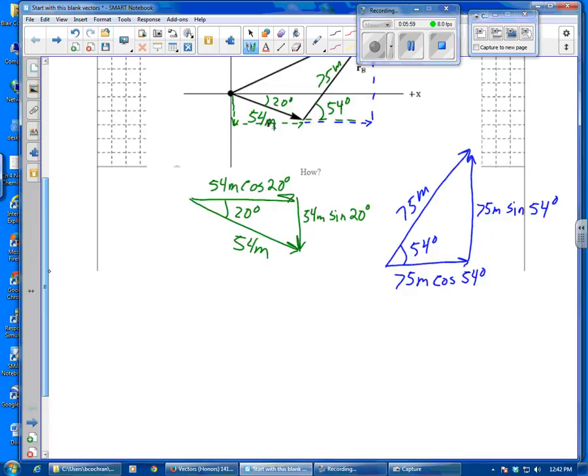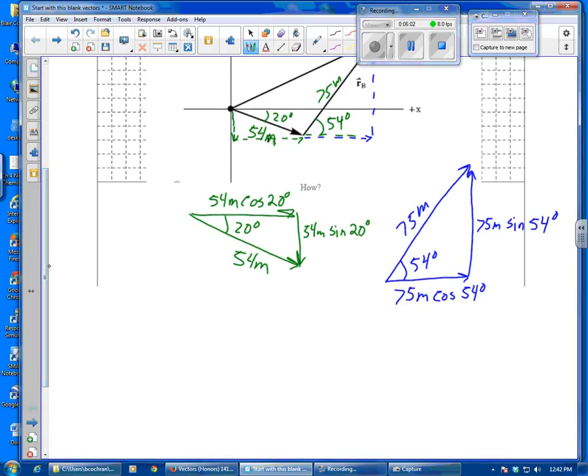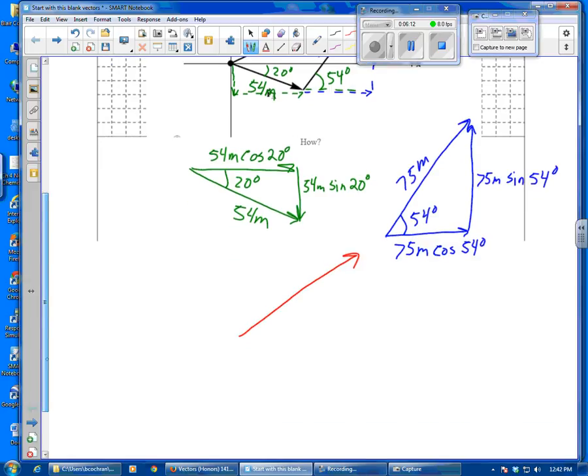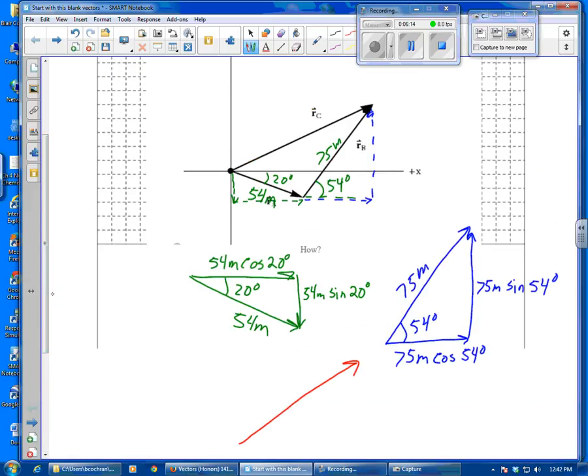The way I now see it is I've got my vector C goes in this direction, right? The addition of those two. My vector C, this is C. I've just redrawn it, okay?